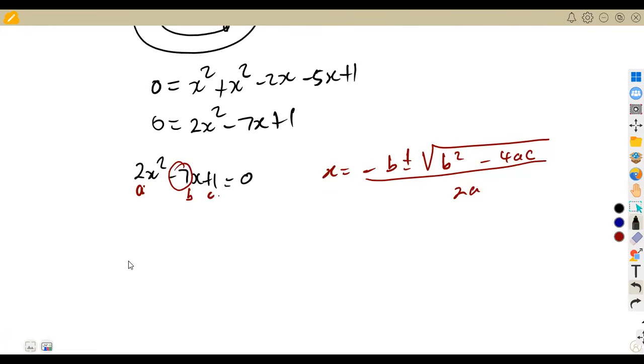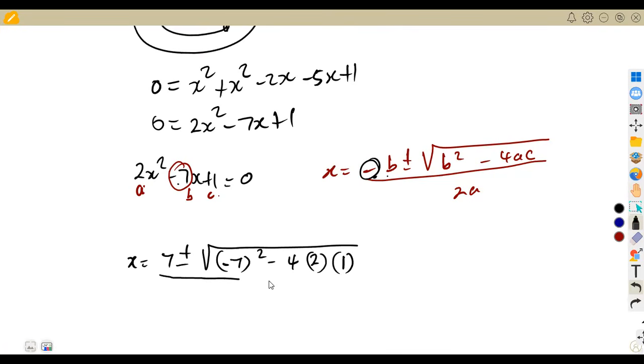So on substitution, x is equivalent to negative b, and a negative and a negative there will be a positive. So that will be positive 7 plus or minus the square root of b squared, which is negative 7 squared, minus 4 times a, which is 2, times c, which is a positive 1 in this case. Everything over 2a, which is 2 times 2.